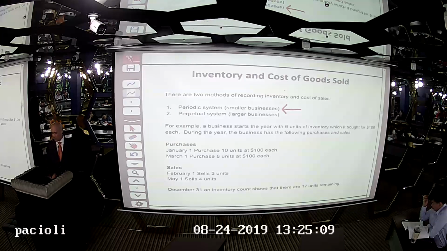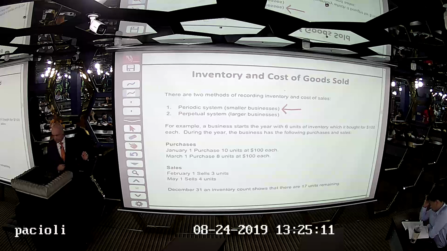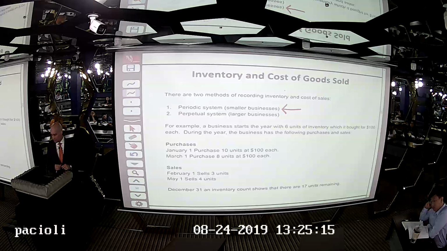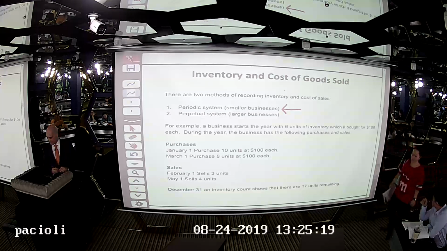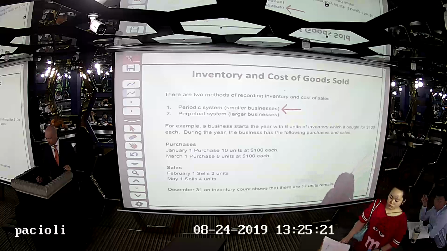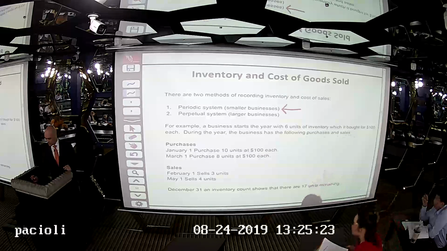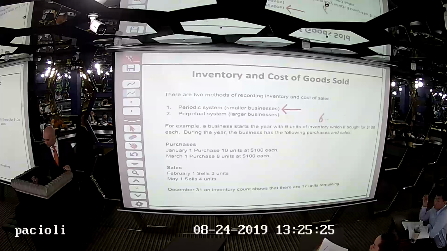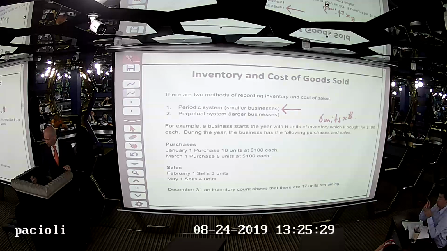So here we have an example. It says, for example, a business starts the year with 6 units of inventory, which it bought for $100 each. Okay, so 6 units times $100 each.